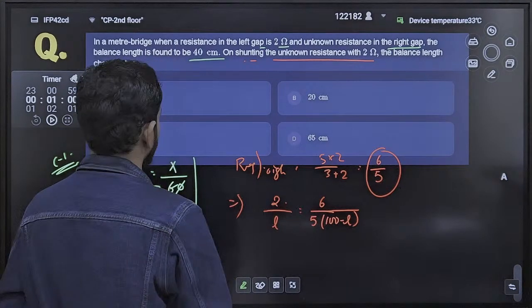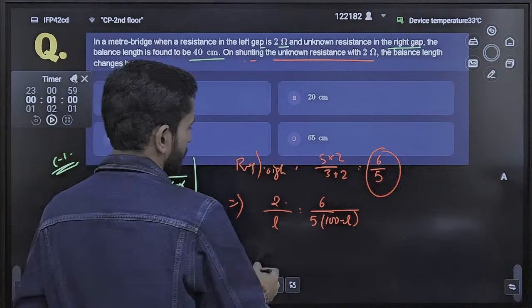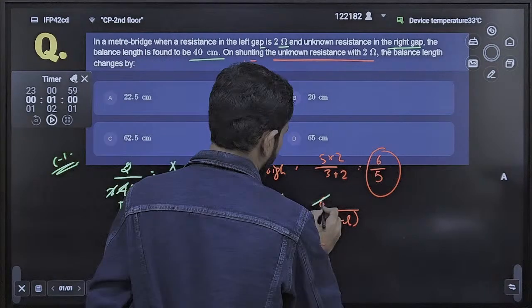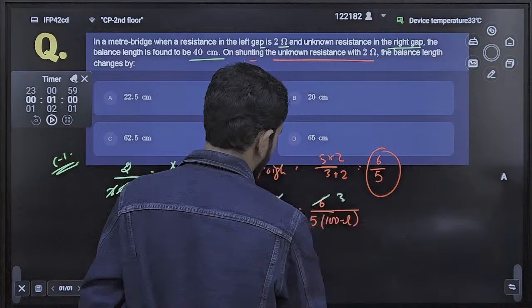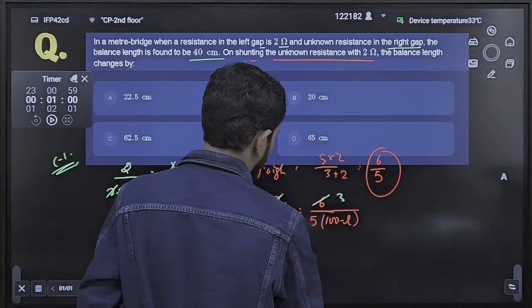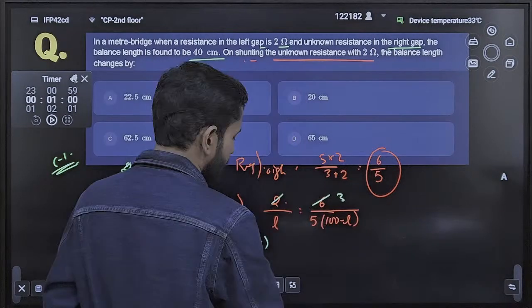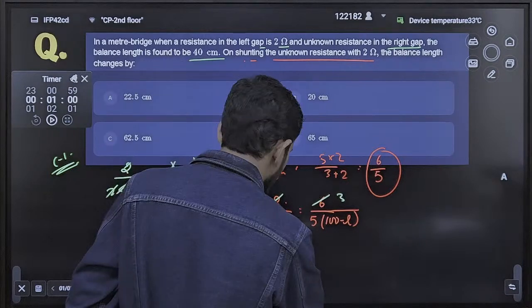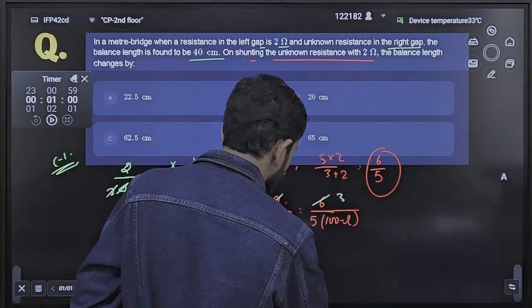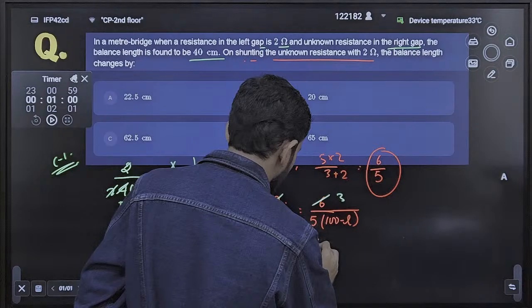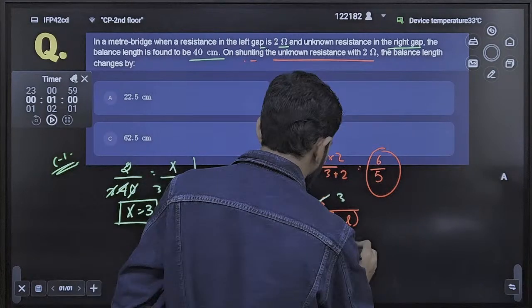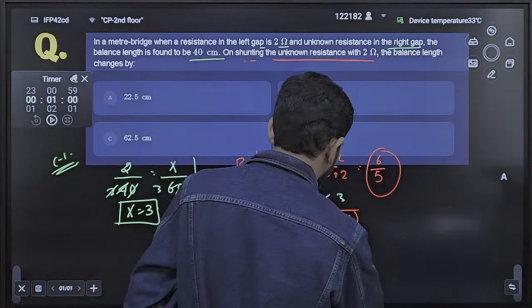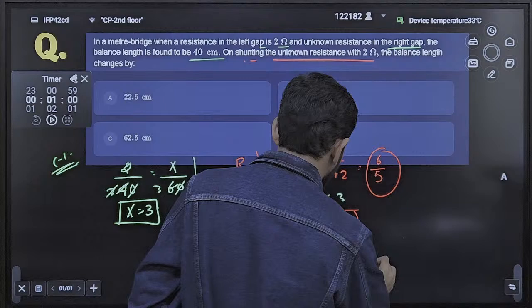Now check which one is the correct answer. This will get calculated. 3, what is left? Take it here. What you can say, 500 minus 5L is equal to 3L. If it is so, what you can say, 8L is equal to 500.